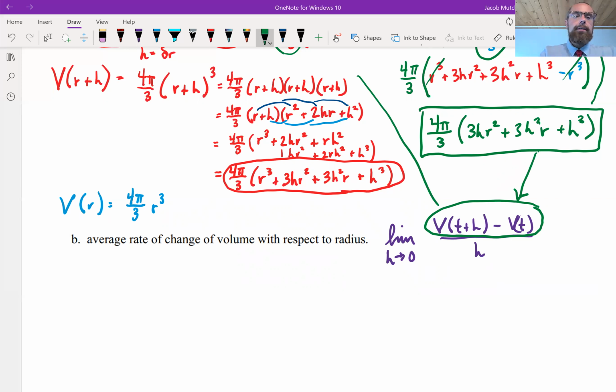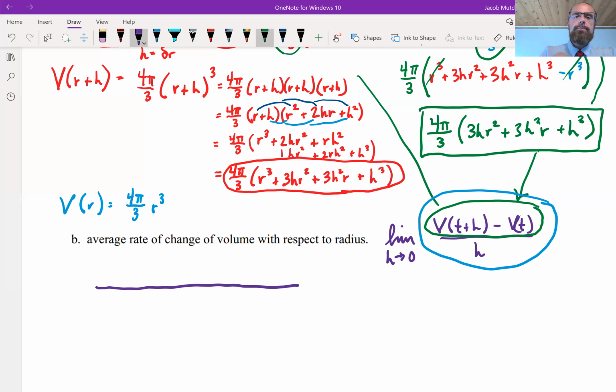The average rate of change would simply be if I took that and divided by h. So notice we're building our difference quotient here piece by piece. For this part, what I'm going to incorporate is the numerator and the denominator. What I won't incorporate yet is the limit. So at this time, let's set up our fraction.